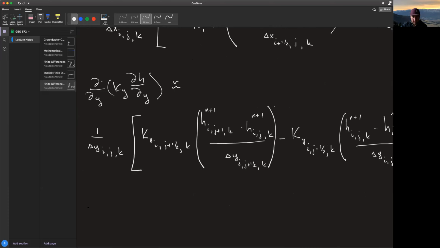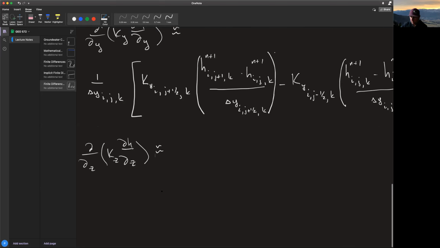And finally, for the z, d/dz of kz dh/dz can be written, same template. We're just going to be using delta z now. And now the index that we will be looking at is this one in the k.